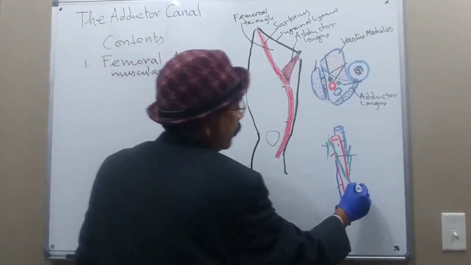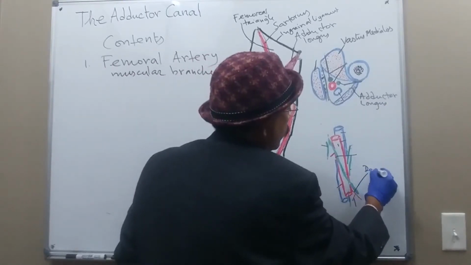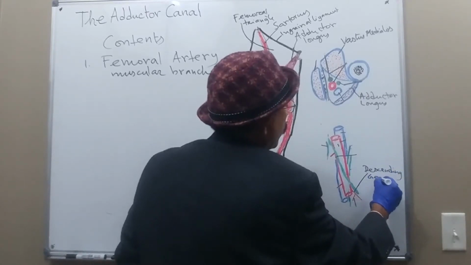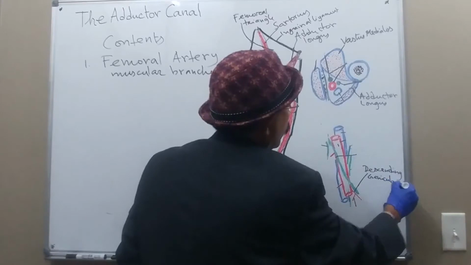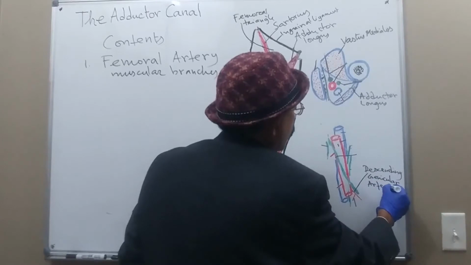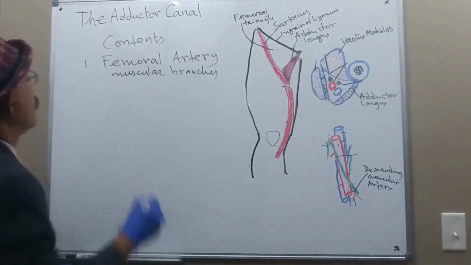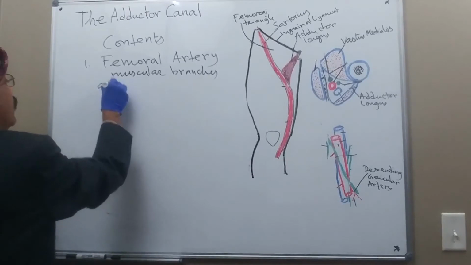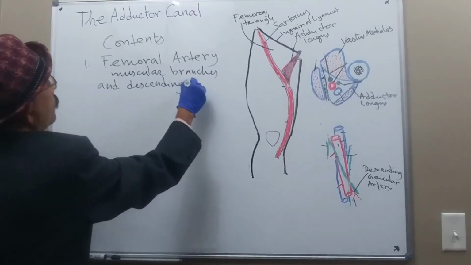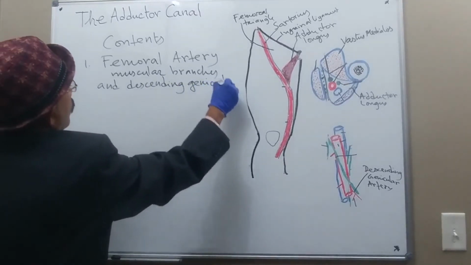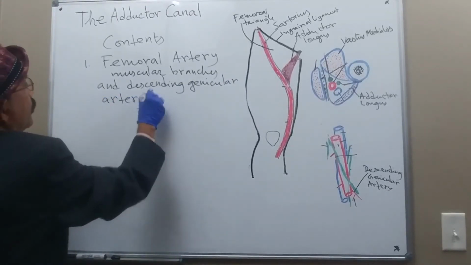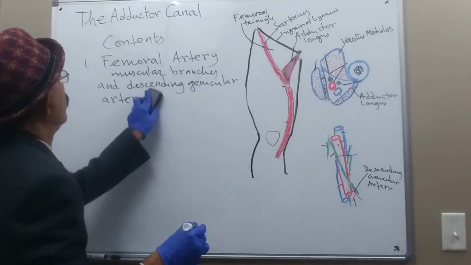This is the descending genicular branch. This is the descending genicular artery, a branch of the femoral artery. Okay, the muscular branches and the descending genicular artery are branches of the femoral artery.